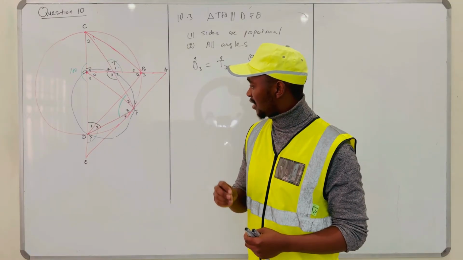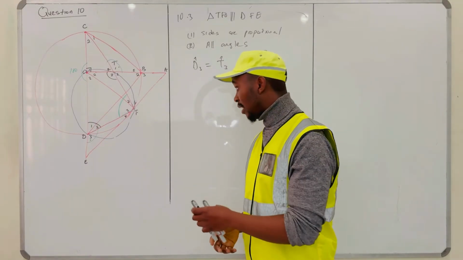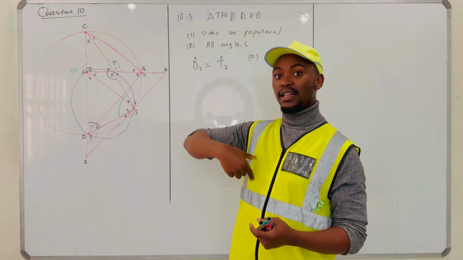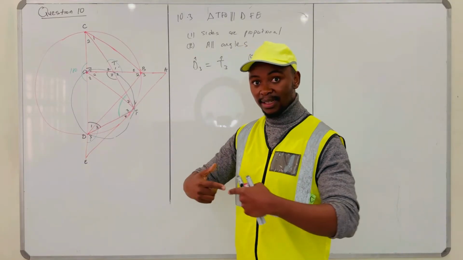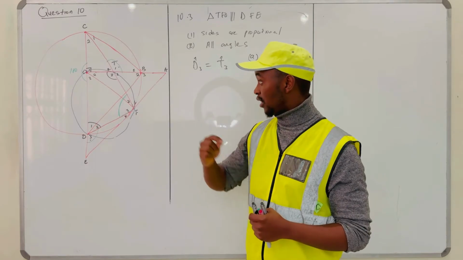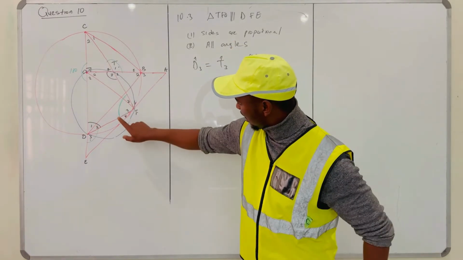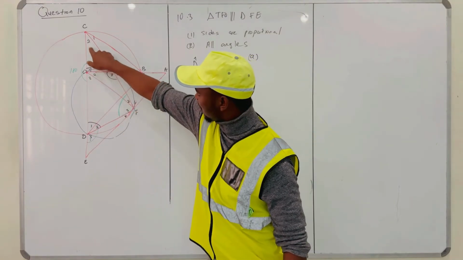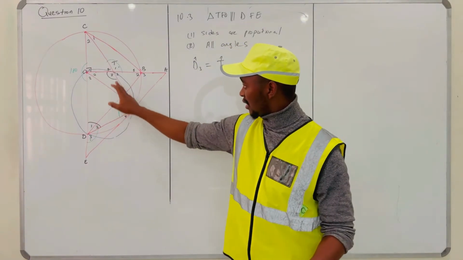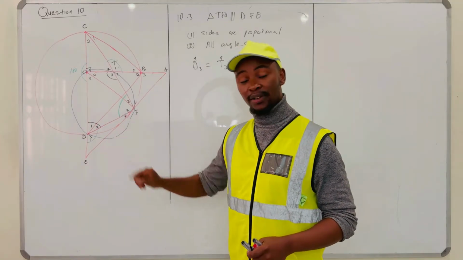So a tangent and a chord relates us to that theorem. The angle between a tangent and the chord should be equal to the interior angle that is subtended by that very same chord, or the opposite interior angle subtended by that very same chord, or the angle in the other segment. So we can say F4 is equal to C2, but that tells us nothing about this triangle TFO, right? But we know something special about FO.